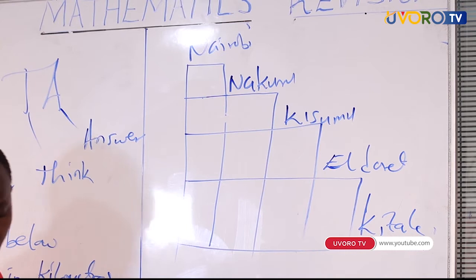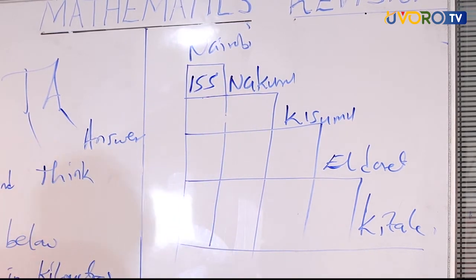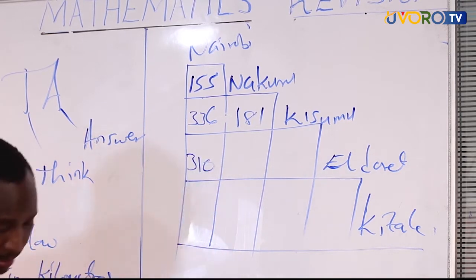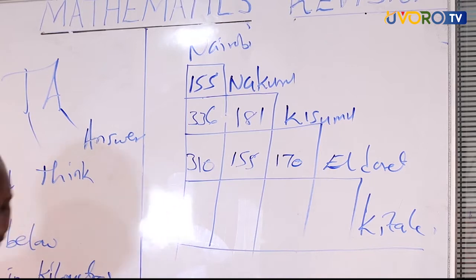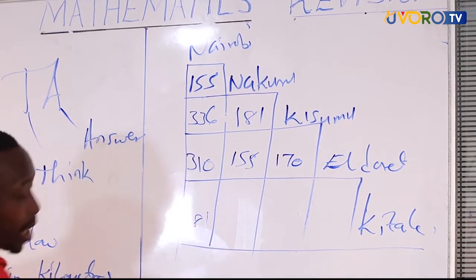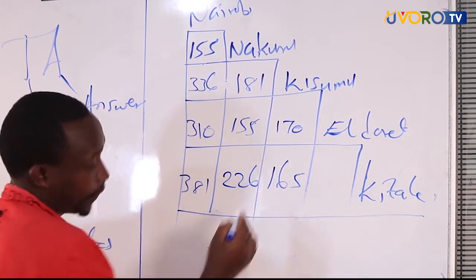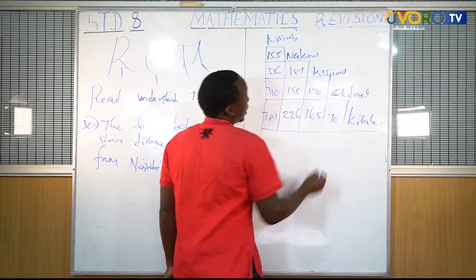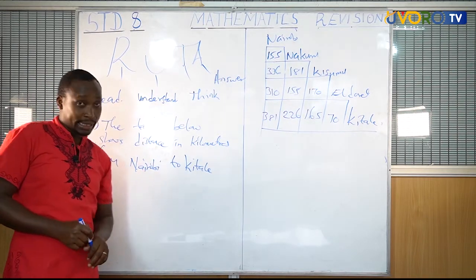The distance in kilometers: 155, 336, 181, 310, 155, 170, 381, 226, 165, 70.